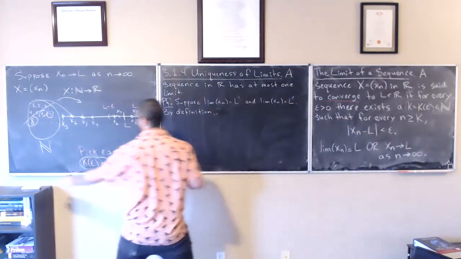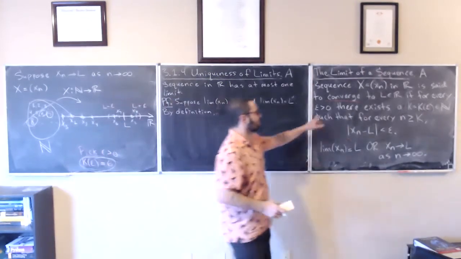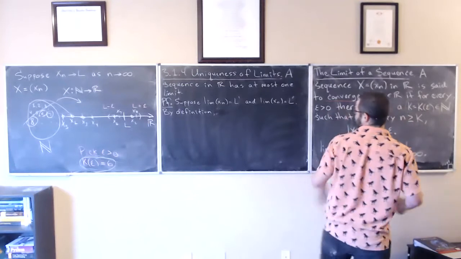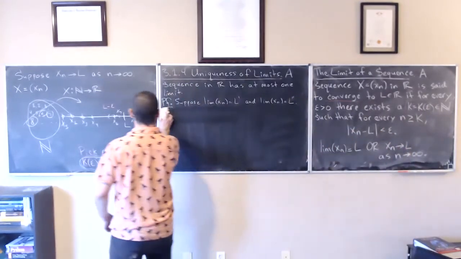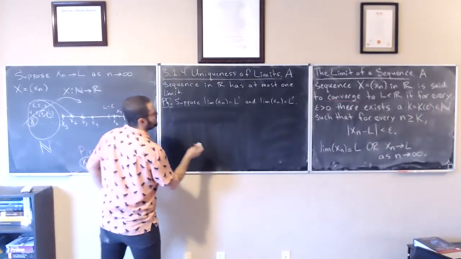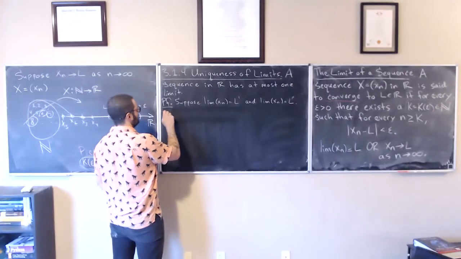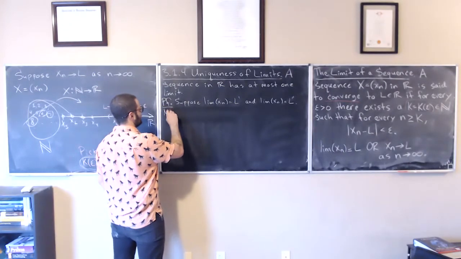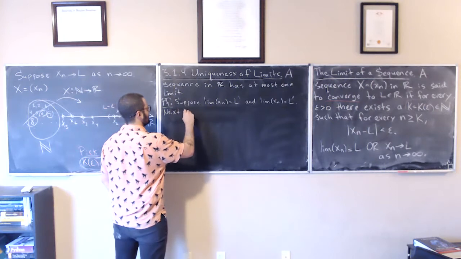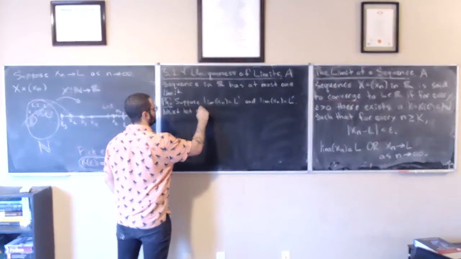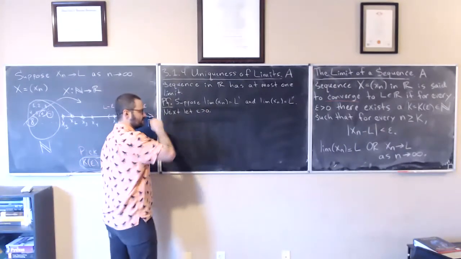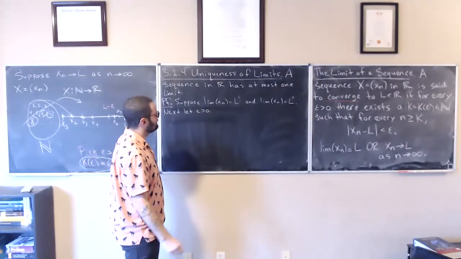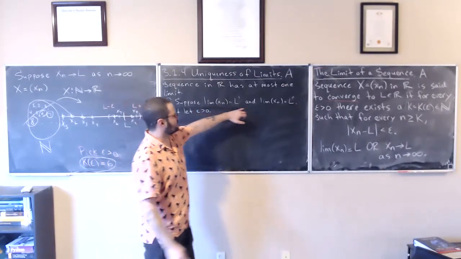So maybe not by definition. I need an epsilon to start with. I need to pick an epsilon to start with. So next, let epsilon be some arbitrary positive real number. Then I can apply the definition to there and there.